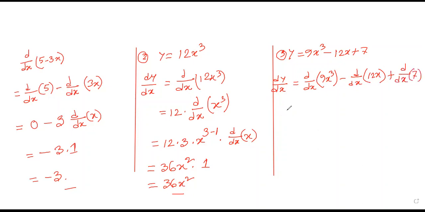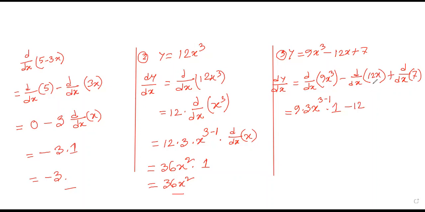So first of all, 9 will be separated, then the power will be separated, and x to the power 3 minus 1. And if I differentiate the base, here the base is x, so it will be 1. Again, the numerical value will be first.